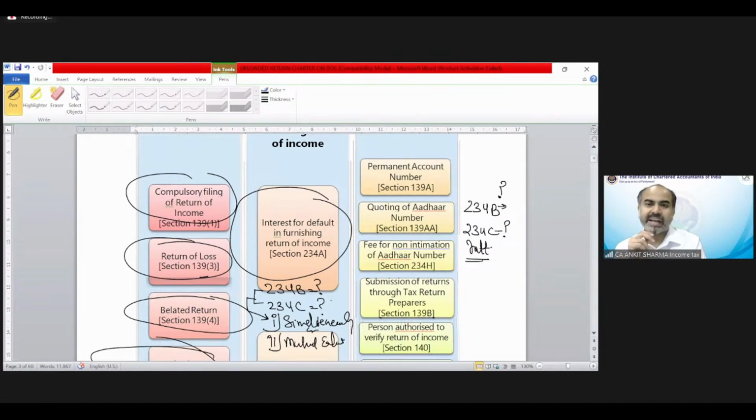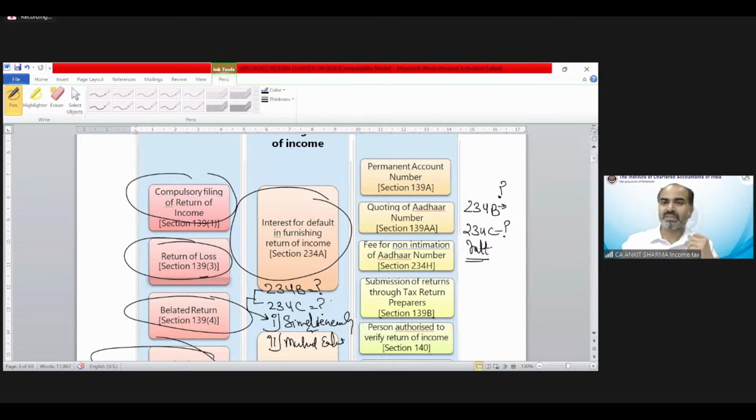Pooja is saying individually, which I guess means mutually exclusive. So if 234B is applicable, then C would not be applicable. Those who are giving the answer mutually exclusive mean that if B is applicable, then C won't be applicable, and if C is applicable, then B won't be applicable. And if you say simultaneously, that means both B and C can be applicable.